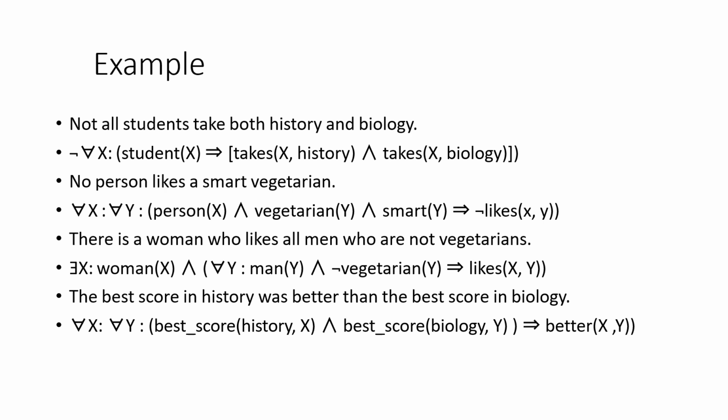So best score history comma X: X got a very good score in history. And best score biology comma Y: Y got good marks in biology. Then who will be better? So better X comma Y. The one who studies history is better than the one who has the best score in biology.